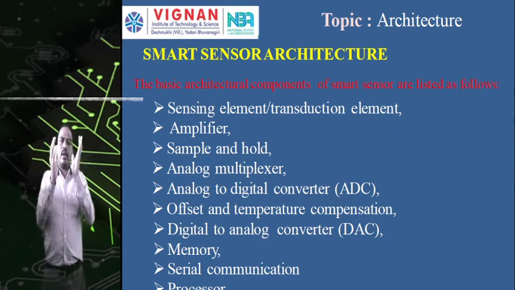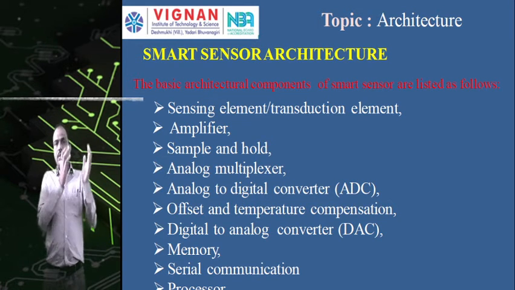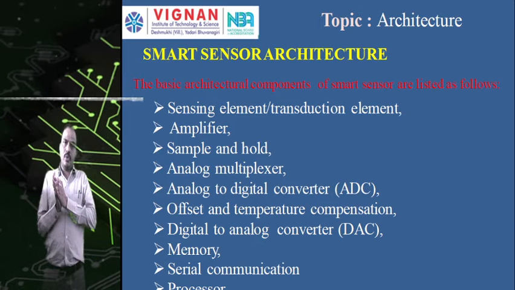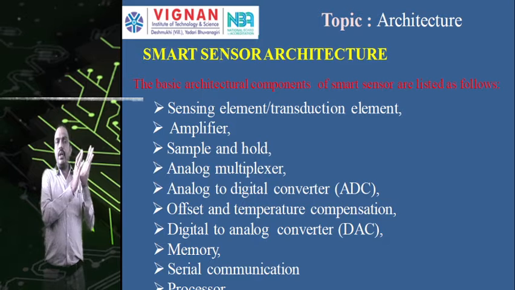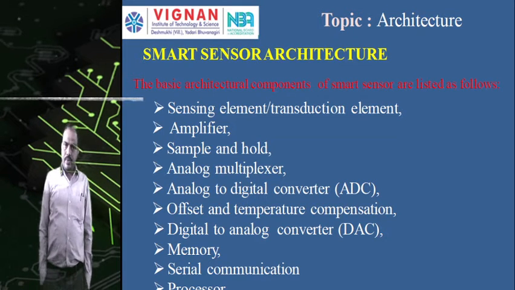So all are in the same network. What about this amplifier, sample and hold, and multiplexer? There are some electronics subjects which we are going to discuss in the next semester. So all these components are combined in a particular architecture, which is called the smart sensor architecture.